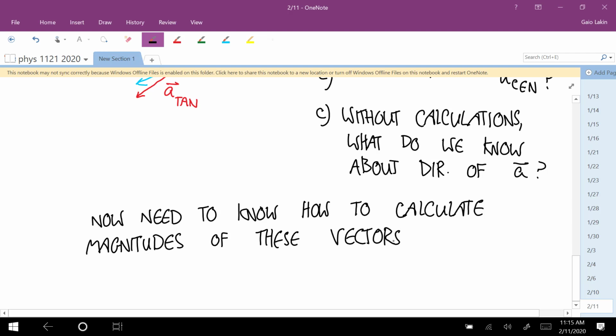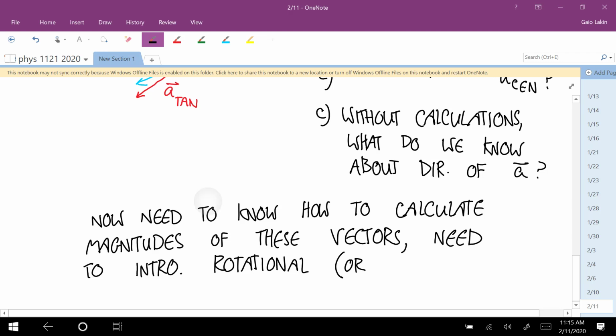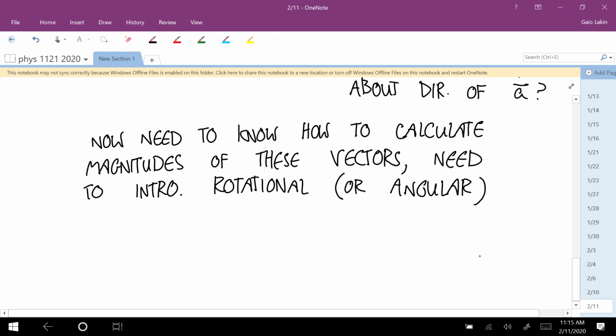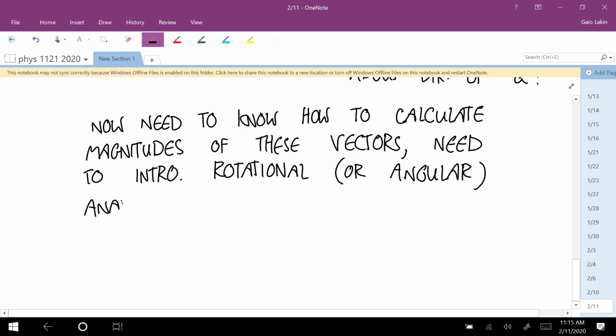And to do that, I'm going to introduce these angular quantities that are analogous to some things that we're already aware of. So I need to introduce some rotational or angular analogs of translational quantities we already know.